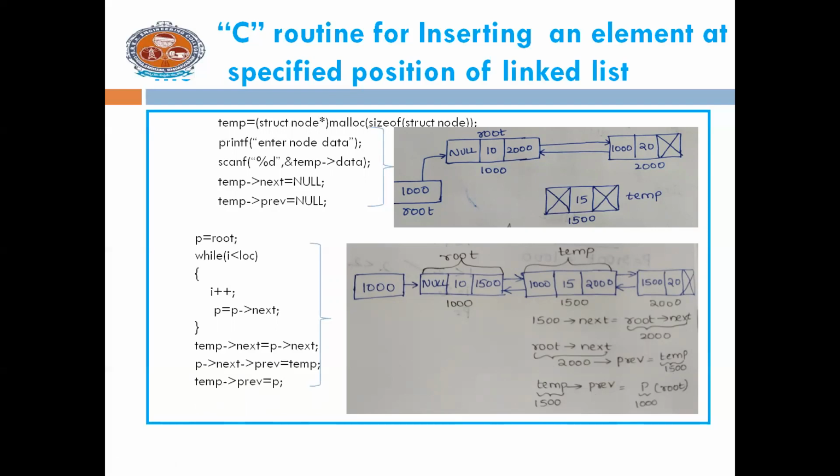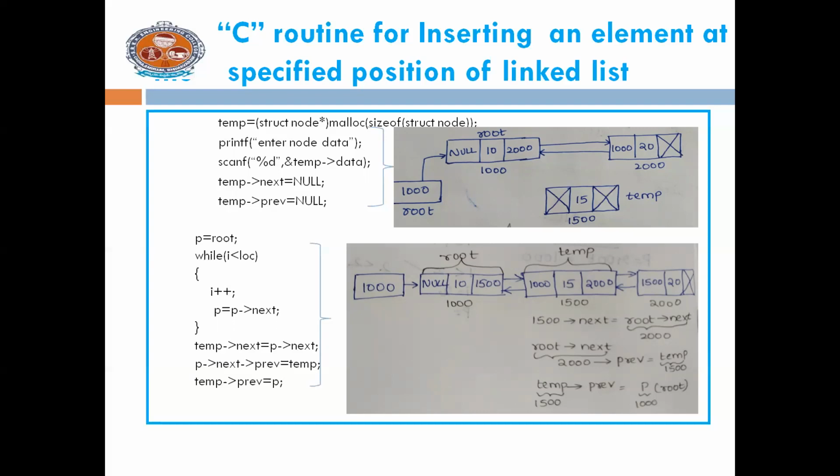Before closing this session, I want to recollect the points which we have discussed in today's class. A doubly linked list is a two-way list which can be traversed either in the forward direction or in the backward direction. We have declared how to declare a node for a linked list, which will have three variables.